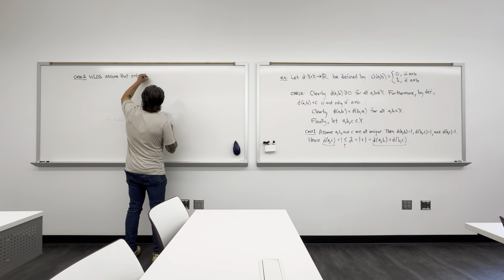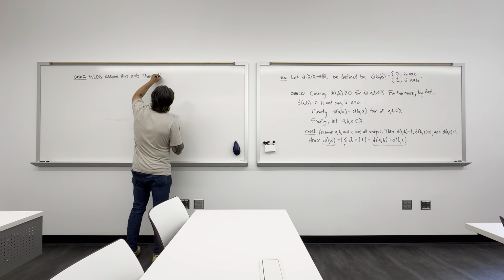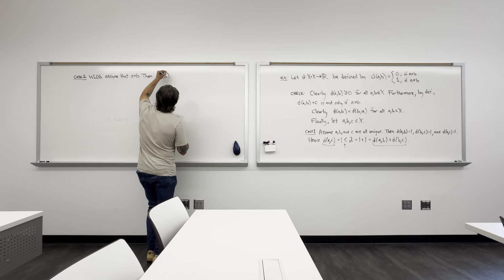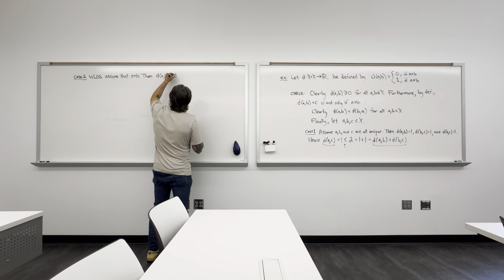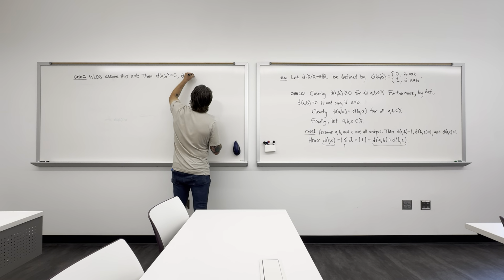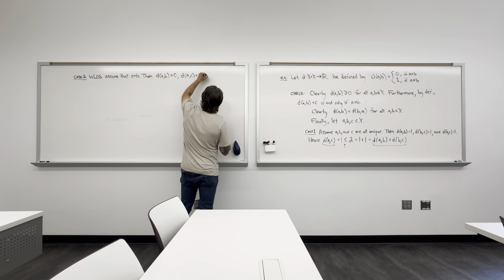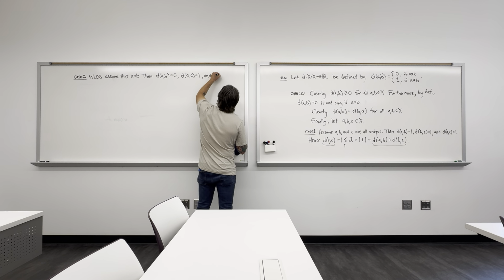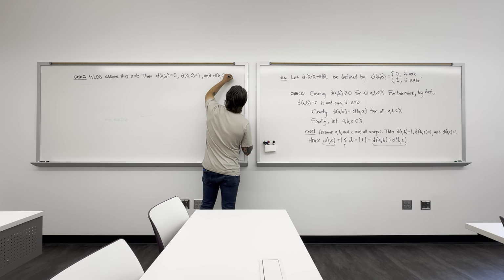Okay, then d of AB equals 0, d of AC equals 1, and d of BC equals 1.